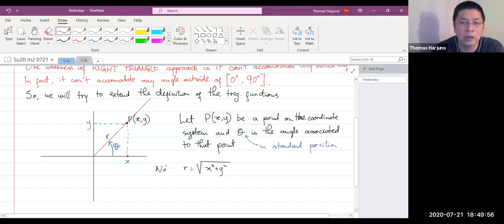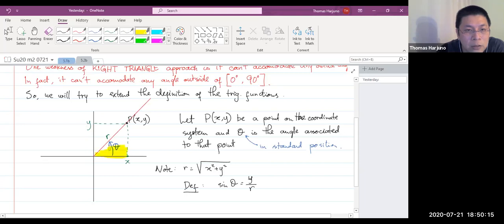Now we can define sine of that theta equals y over r. Imagine this right triangle here. The opposite of theta is y. The adjacent of theta is x.